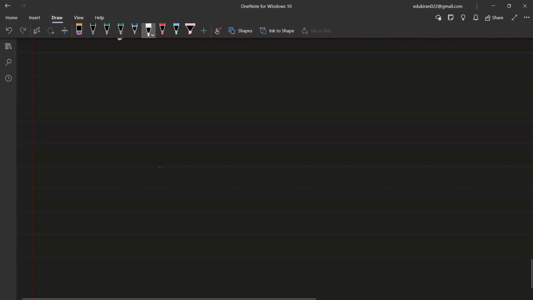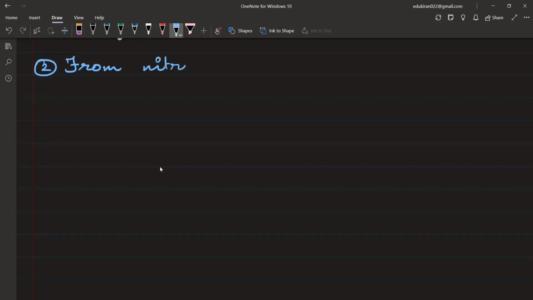Right, next. From nitriles, using Grignard reagent.